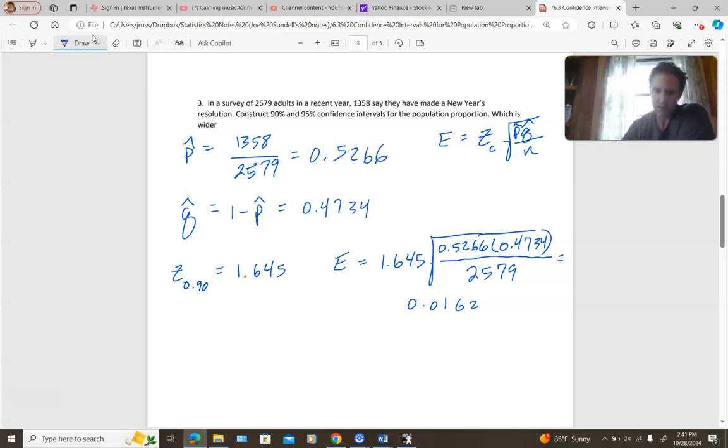All right, so then to find my lower bound, I need to take p hat and subtract from it the margin of error. And then to find my upper bound, I'll take p hat and add to it the margin of error. So I'm going to do this in the calculator.